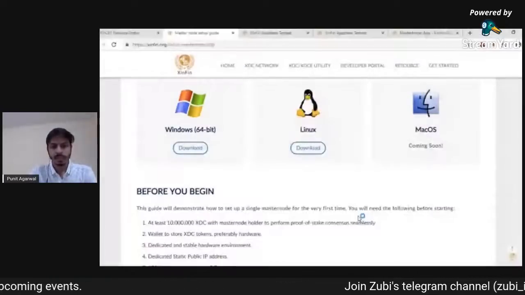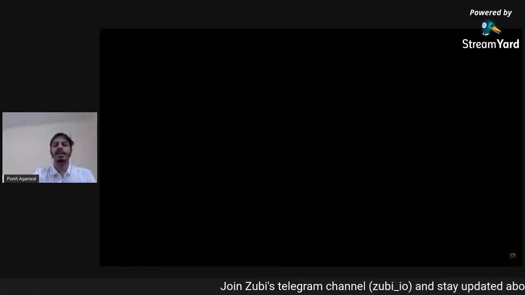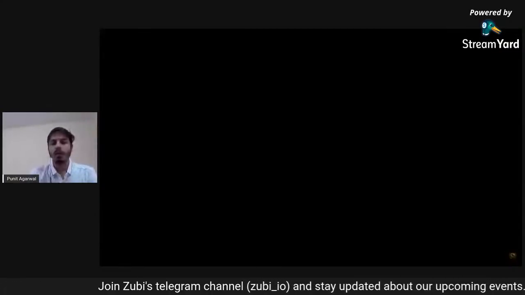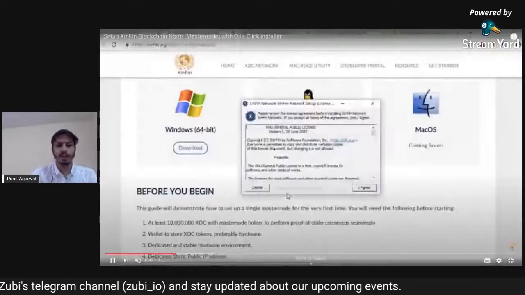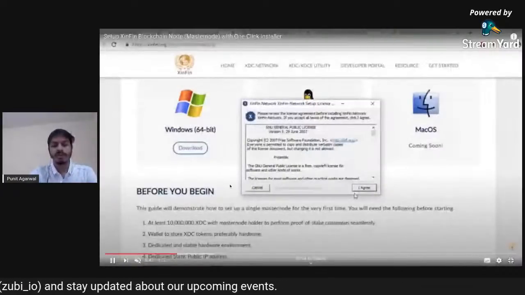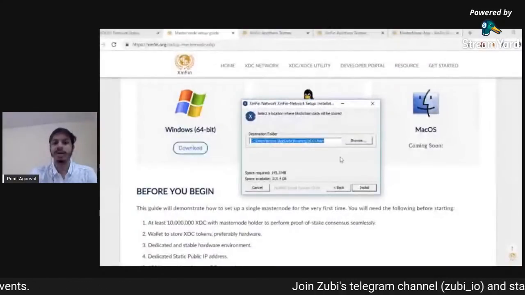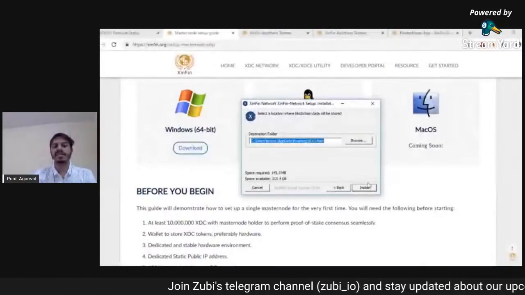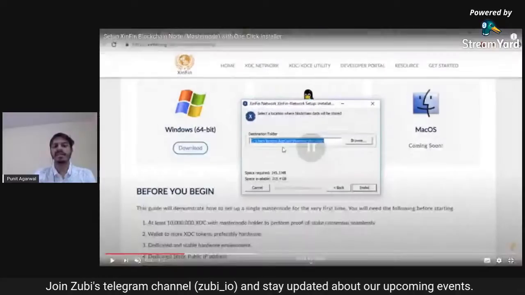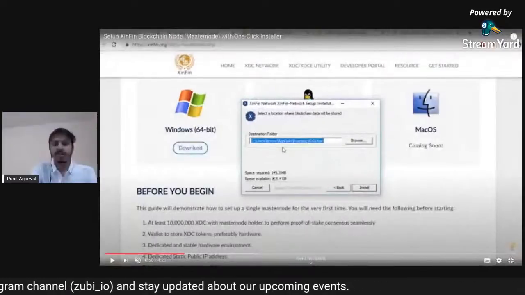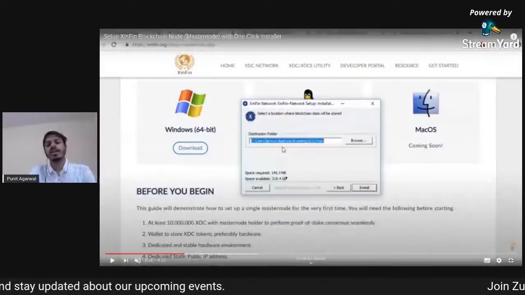Once you have done that, the application will start getting installed. Once we have the application installed, we just have to agree to the terms and conditions. We have to set up the destination folder. The space required is around 145 MB.